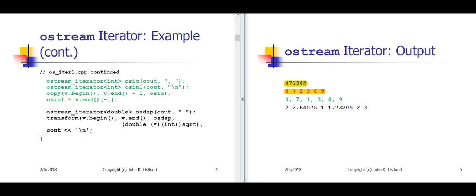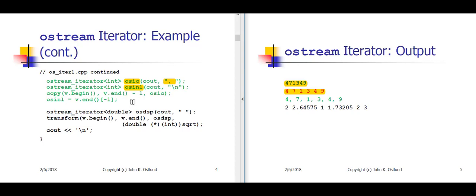The delimiter can be quite flexible, so here in the green code on slide 4, I'm setting up OSIC as an ostream iterator for ints with a comma, that is a string containing a comma character followed by a space. And here I have OSINL, which is the same idea but has a new line as the delimiter.